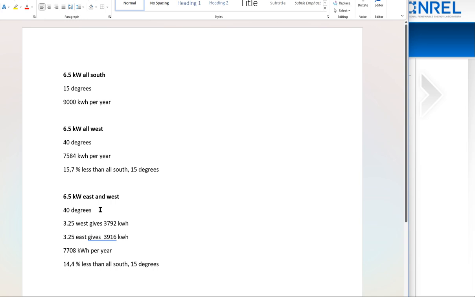So is that a lot? Well, yeah, it certainly is a lot. But what you can do, you can compensate for that by adding a few panels. So what we have to do really is compare what is the cost of adding a few panels compared to the cost of making the frame.